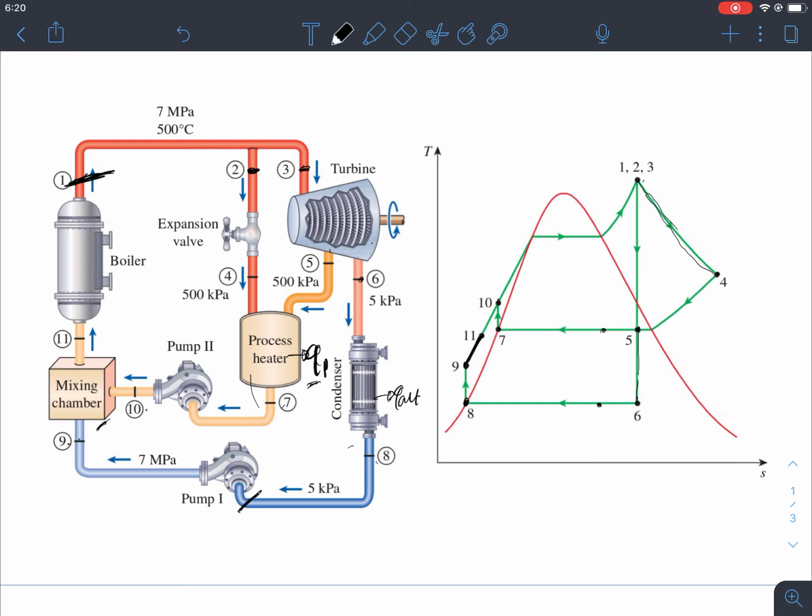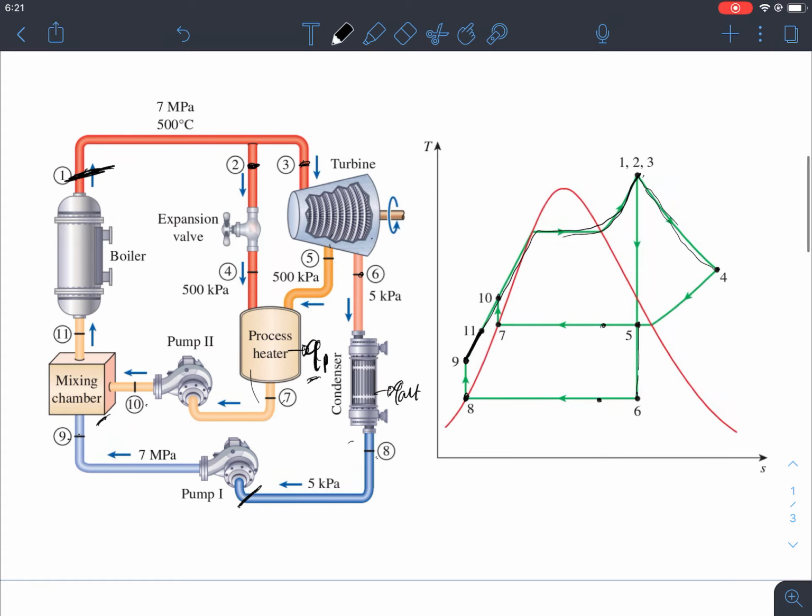And then from 11 to 1, basically this is the complete heating process, right? Constant pressure heat addition is happening right here. So if we do the analysis of this modified cogeneration plant, then we'll see where heat addition is happening and where heat rejection is happening.